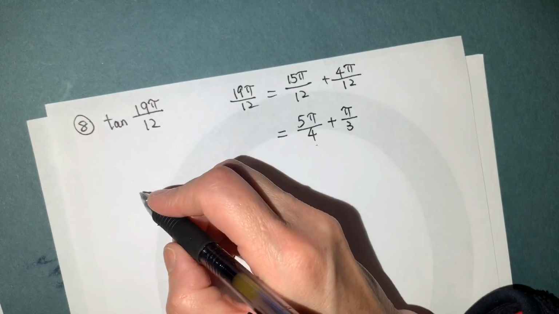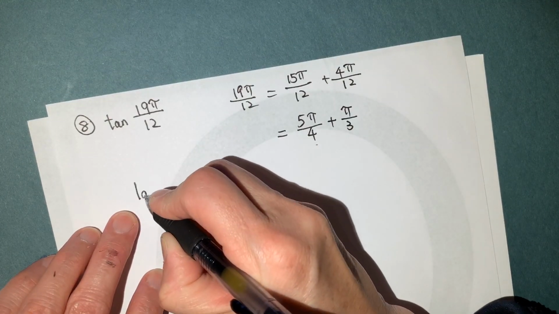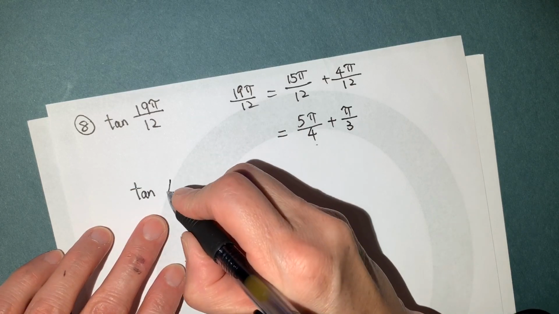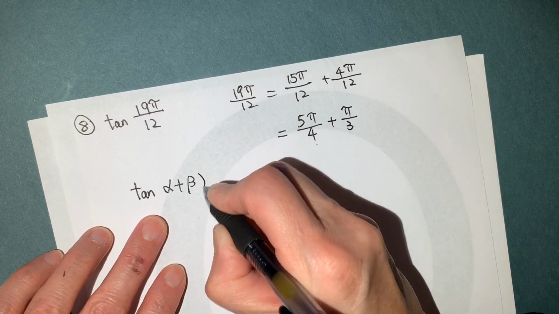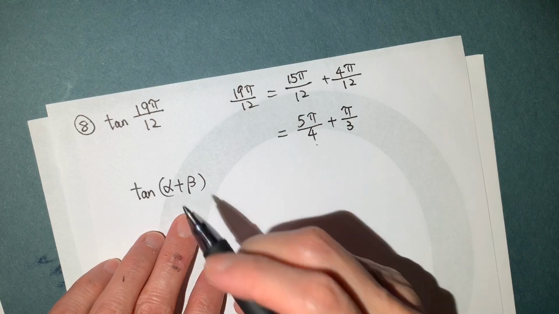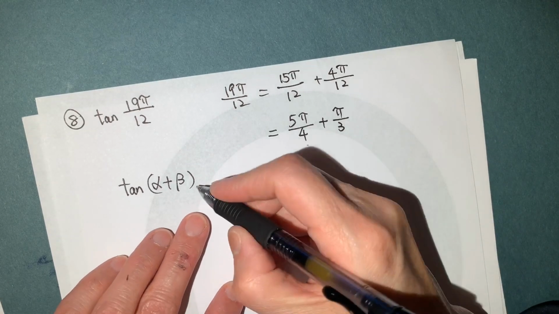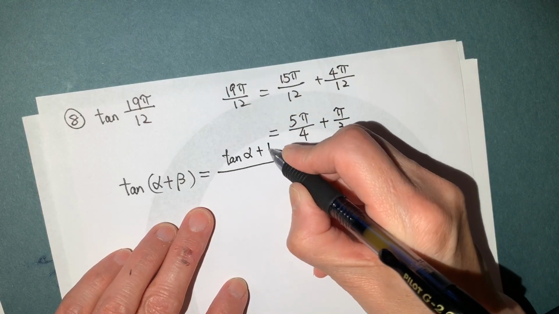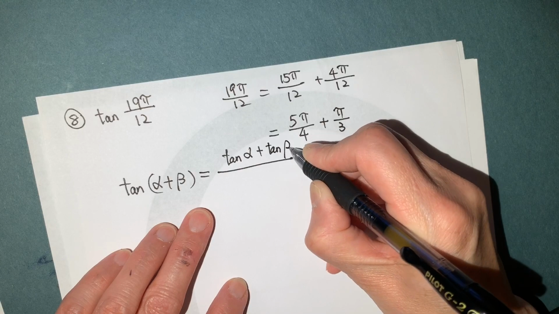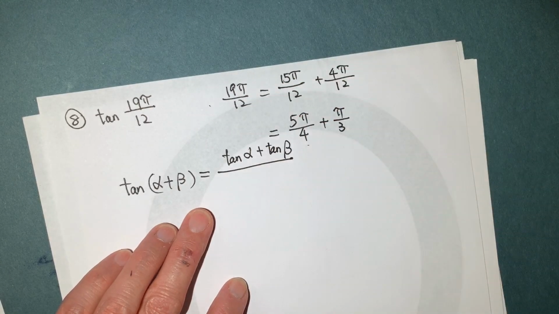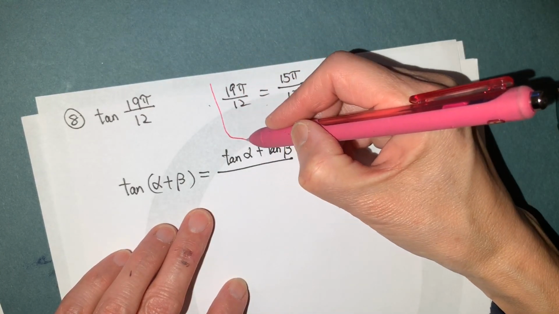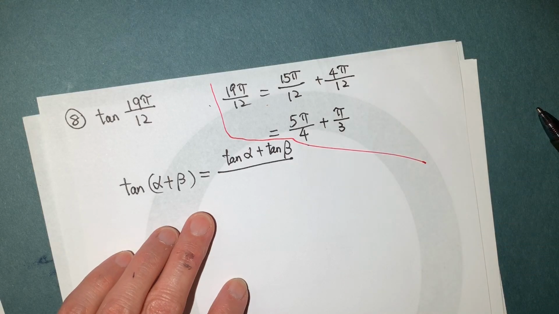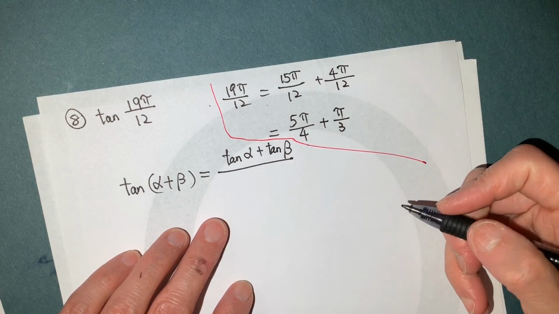So now we will need to remember the tangent formula. Tangent of alpha plus beta, the tangent sum formula, equals tangent alpha plus tangent beta over 1 minus tangent alpha times tangent beta. This is purely a formula, and I'm pretty sure your teacher will give you a cheat sheet.